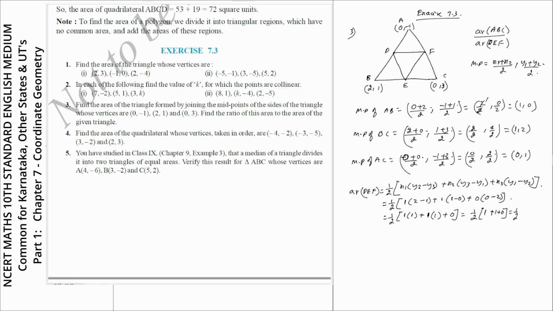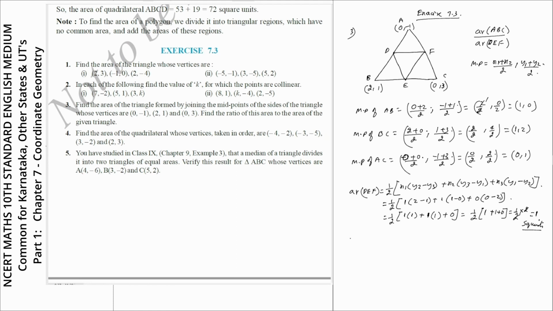So again I'll get 1 plus 1 is 2, divided by 2, so 2 ones are 2, I'll get 1 square unit. Okay, area of triangle DEF is 1 square unit.